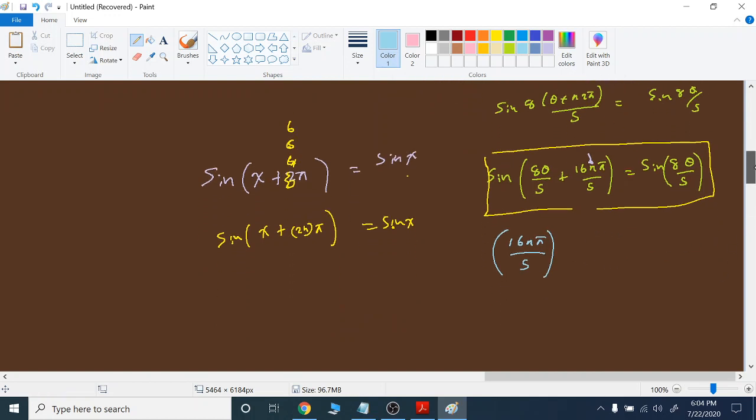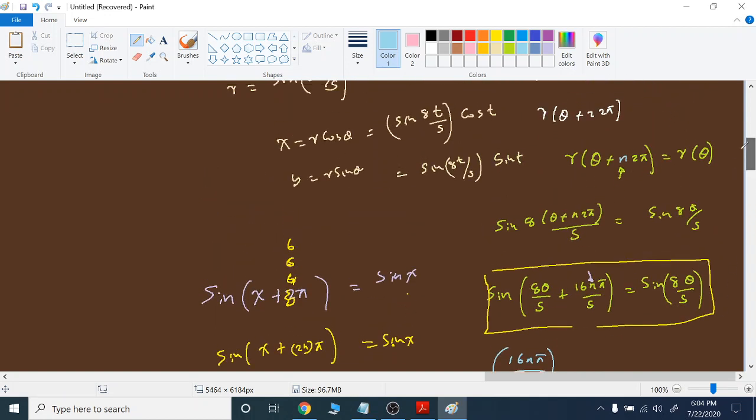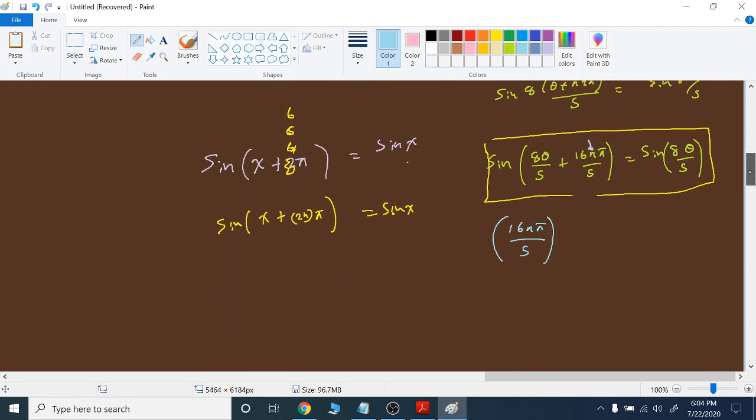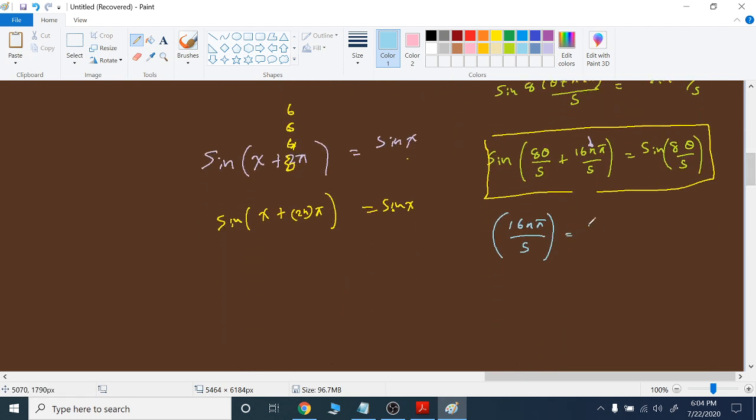Remember, we are trying to find this n. Now you can write this as n times 16 pi over 5. What will happen if n equals 1? Then it will be 16 over 5 times pi. It is not an integer. When n equals 2, it will be 2 times 16 over 5. N equals 3, again it will be just a fraction, right?